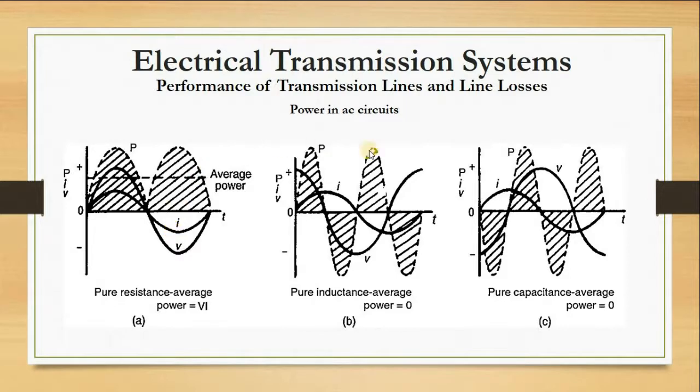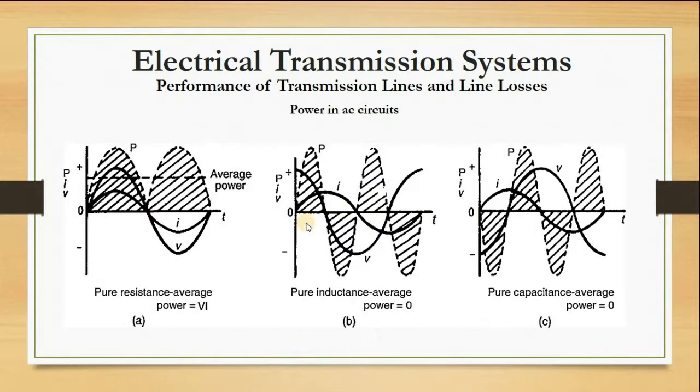Now, when we come to a purely inductive circuit, a circuit that has pure inductance, you can see that there is a difference. In terms of time, the time at which each waveform starts is different, using the 0 as the reference, the origin as the reference.